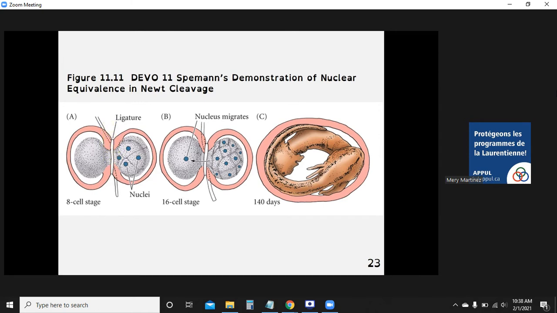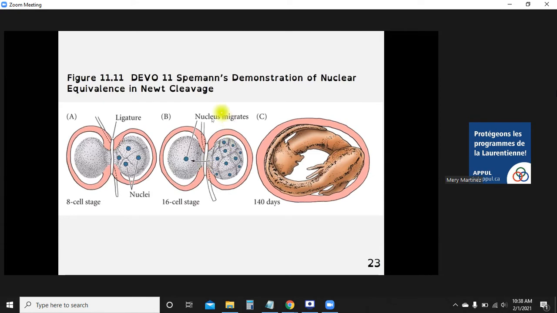And the nuclei were restricted to only half of the embryo. This is just cytoplasm, and the nuclei were only in this end, okay? Cleavage on the nucleated side reached the 8-cell stage, while the other one remained undivided. So this one divided, but this one no, which means only the nuclei were able to divide.